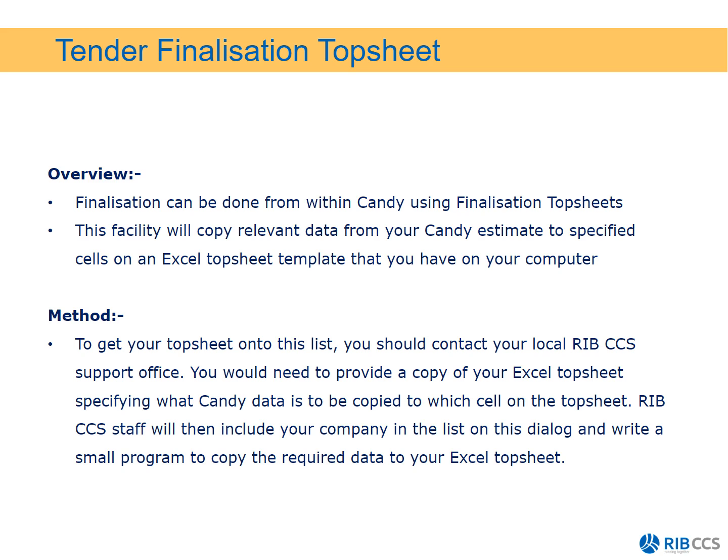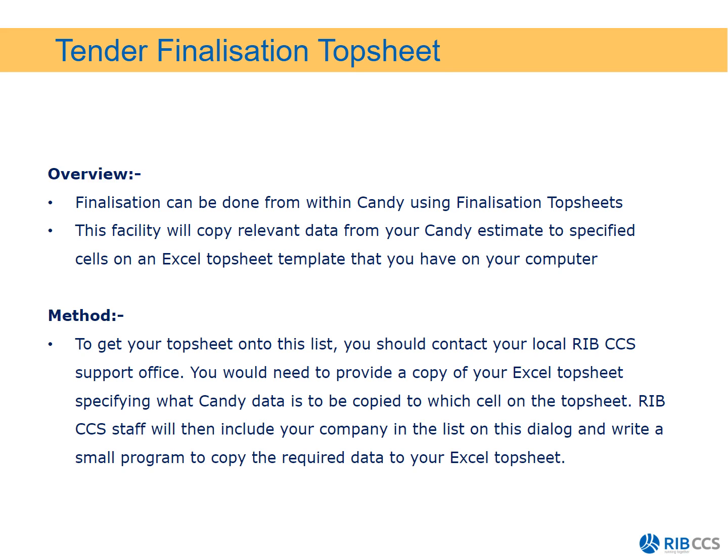What is the method? To get your top sheets onto this list, you should contact your local office for support, and you're going to need to provide a copy of your Excel top sheet specifying what Candy data is to be copied to which cells on the top sheet.